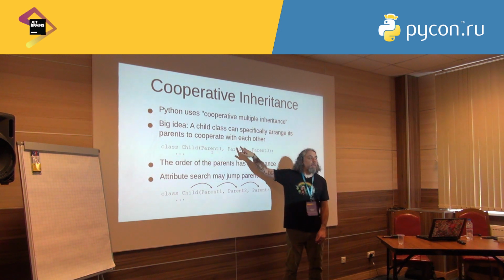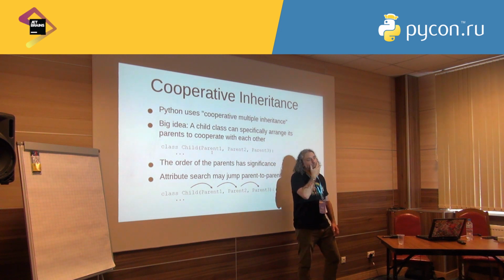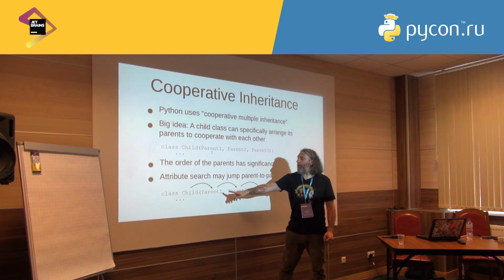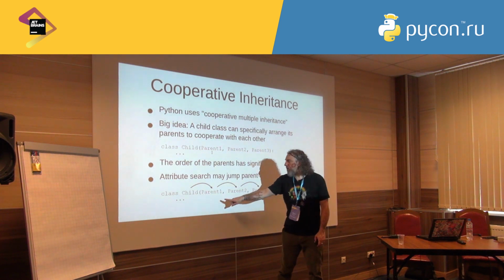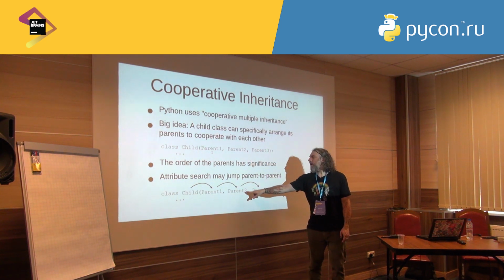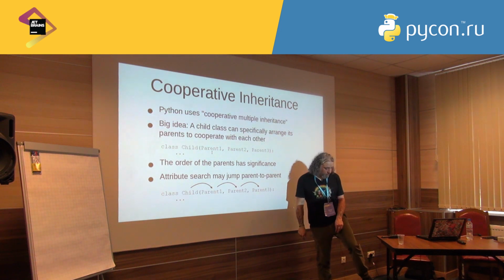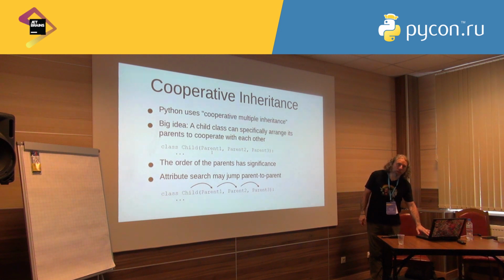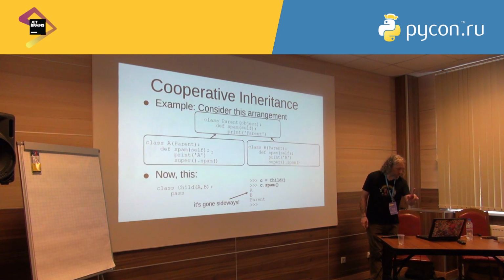And these parents need to cooperate with each other. So when we look up an attribute on the child, the attribute may be found on any one of these parents. And the basis of that cooperation is super, which is why you should always use it. Because, yes, we'll get there.